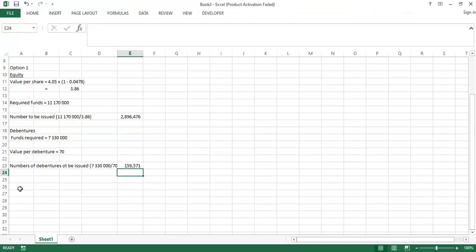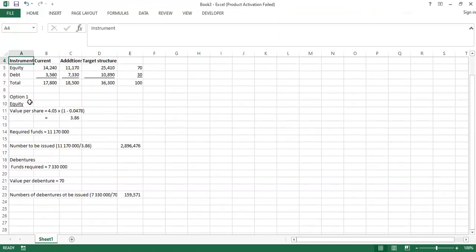And you made a mistake. It's not 11,170. It is actually 7,330. So the total answer is 104,714. Wait, sorry, I'm missing it. Where did I miss? The number of debentures to be issued.